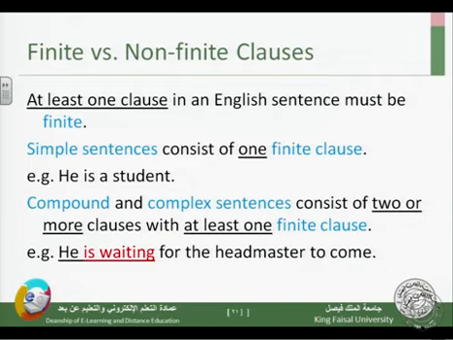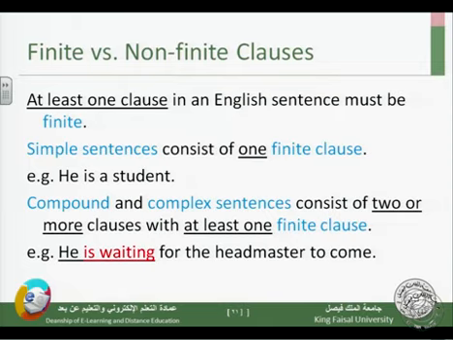Compound and complex sentences consist of two or more clauses with at least one finite clause. Okay, so compound and complex sentences have two or more clauses in them. At least one of these two, or if they have more, at least one of these clauses must be finite. So it must have a finite verb, and it must be a finite clause.